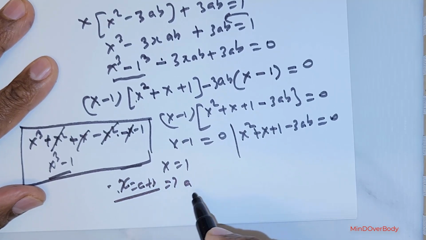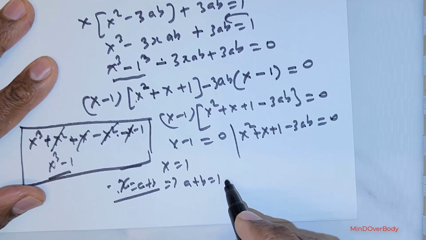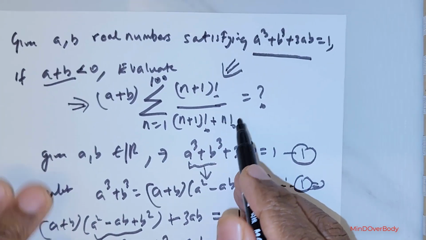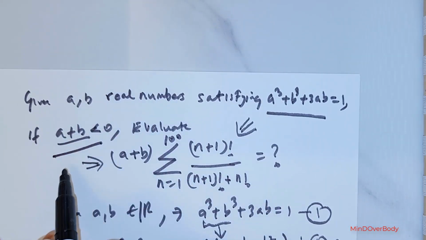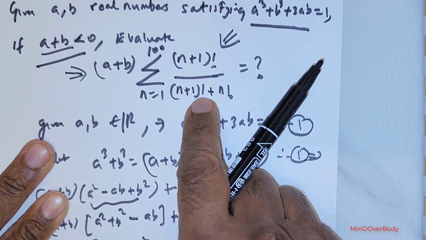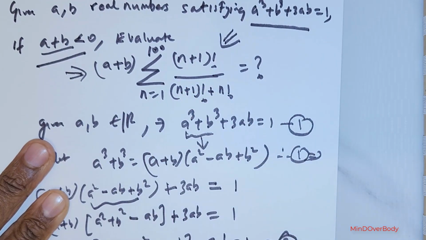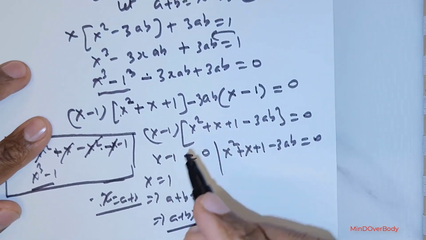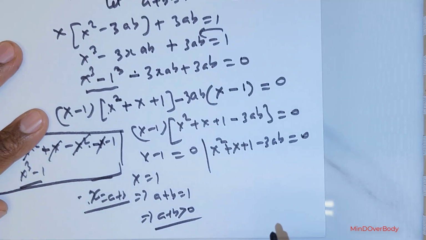So this in turn means a plus b is equal to 1, which in turn means a plus b is greater than 0. But we don't need this. Why? Because if a plus b is less than 0, then we have to evaluate this quantity. So obviously we have to find out the other side. We have to check the other side. We are not sure if we are going to get a plus b is less than 0.